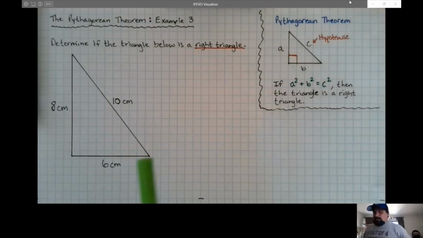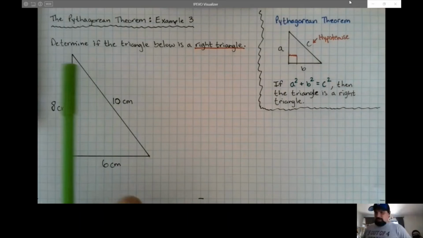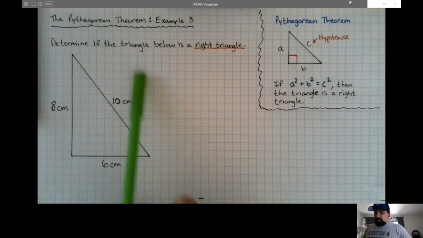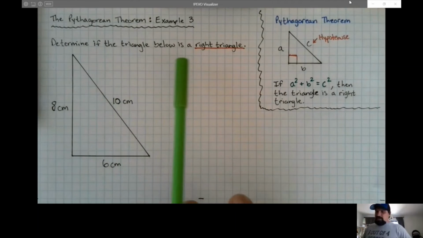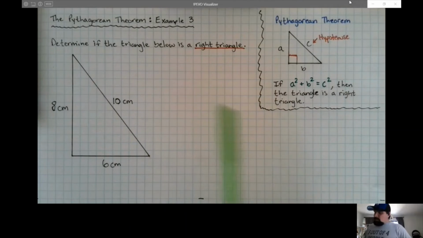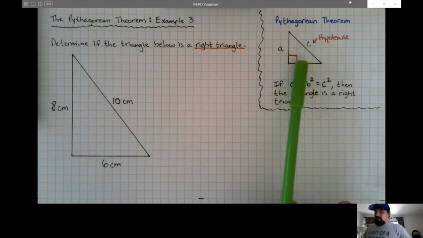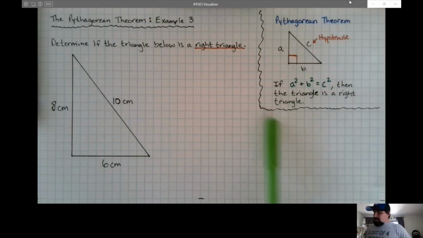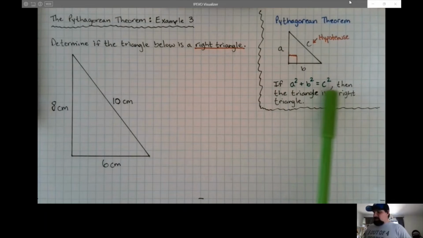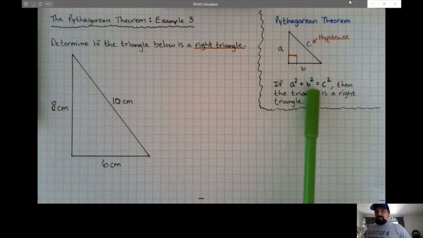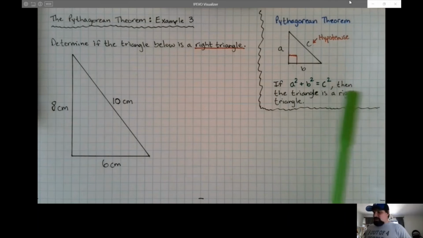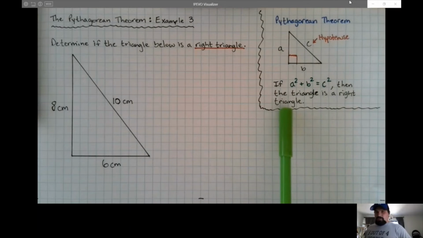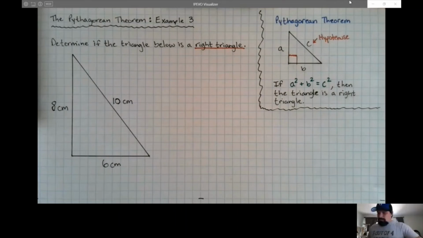For example 3, we're going to change directions a little bit and now determine if the triangle below is a right triangle. That means we're going to use the Pythagorean theorem in this context: if this formula works, a squared plus b squared equals c squared, then the triangle is a right triangle. So we just need to check. We'll set up our equation.